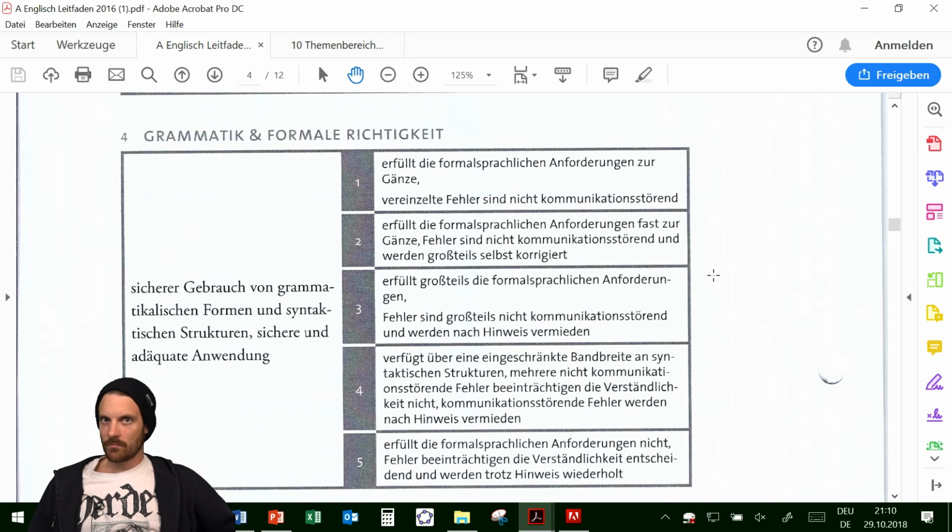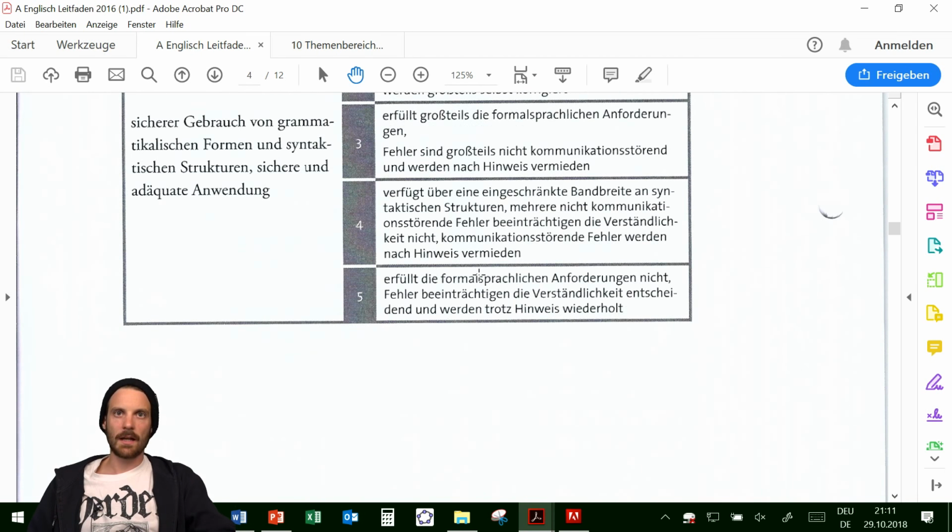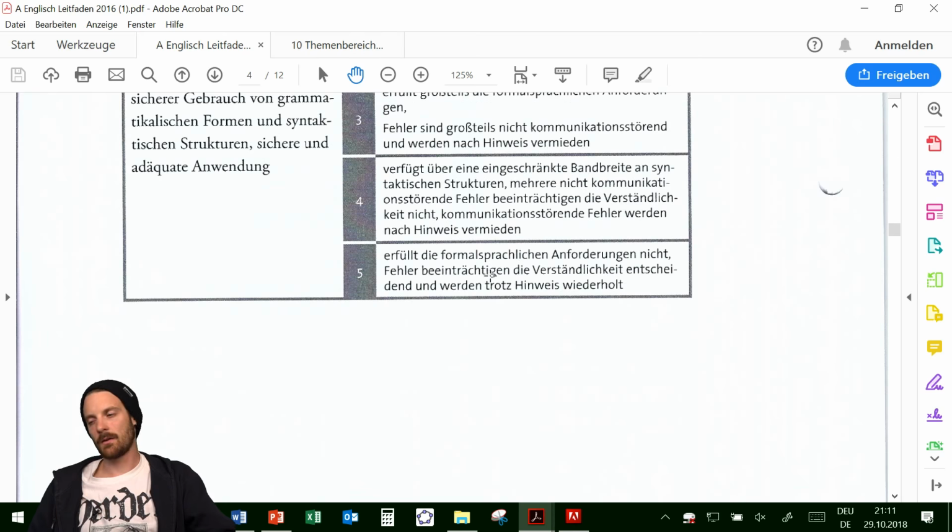Always the same. You're assessed by the examiner, and with the help of the level you are supposed to be in. So you know there are A1, A2, B1, B2, and there is A1 plus, A2 plus, and so on.